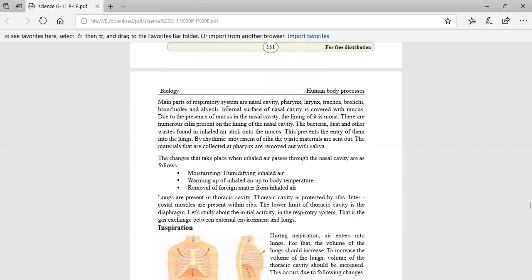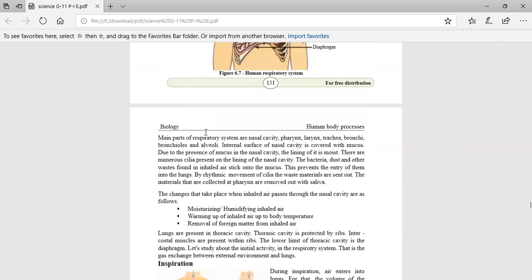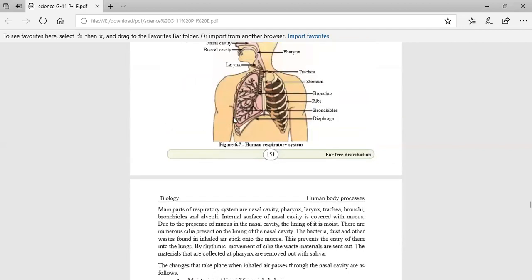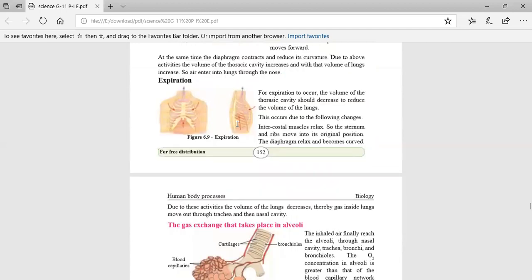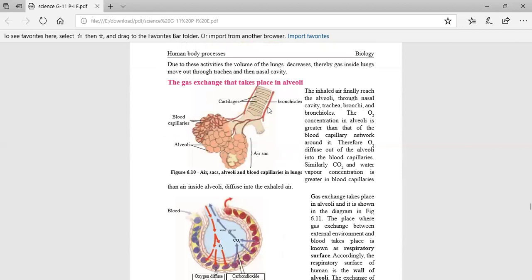The main parts of the respiratory system are the nasal cavity, pharynx, larynx, trachea, bronchi, bronchioles, and alveoli. Bronchioles open to the alveoli. This is the alveoli. This is the bronchioles, and this is the cartilage.